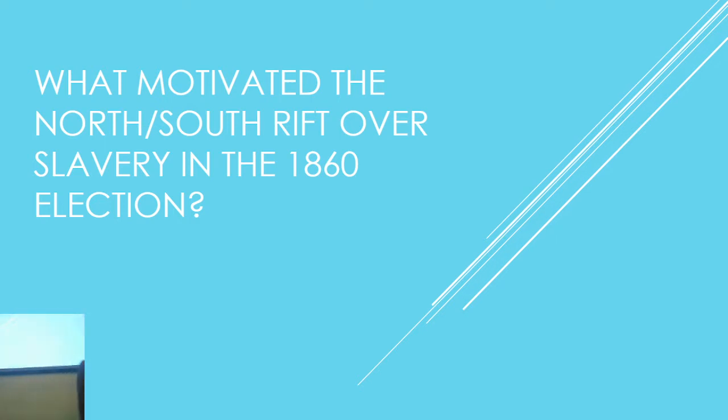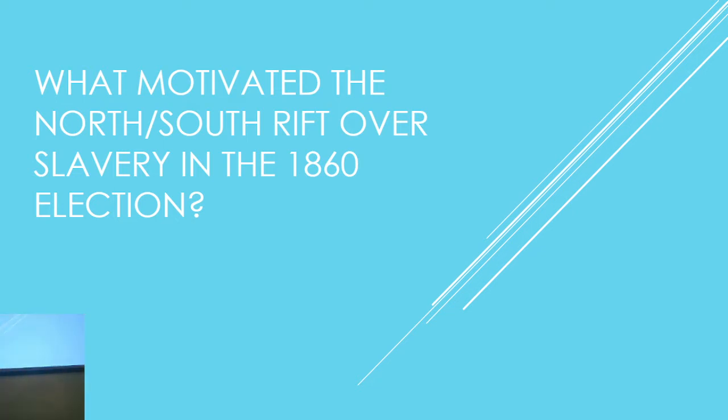I want to talk today about what motivated the North-South rift over slavery in the 1860 election. To a certain extent, this whole class has been about the attempts to hold off this tension between the North and the South, going all the way back to the English Civil War and the reasons for colonization, right? North and South, the kinds of people who move in the North and kinds of people who move in the South, the issue of slavery.